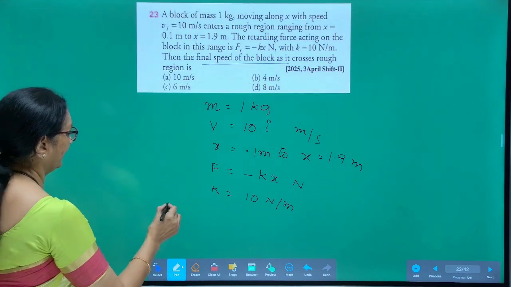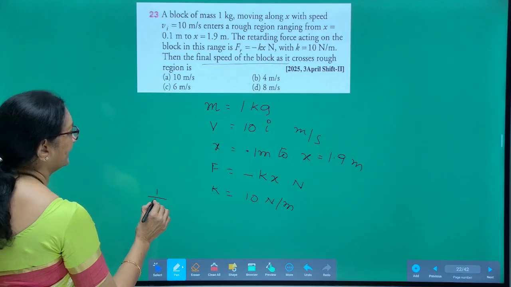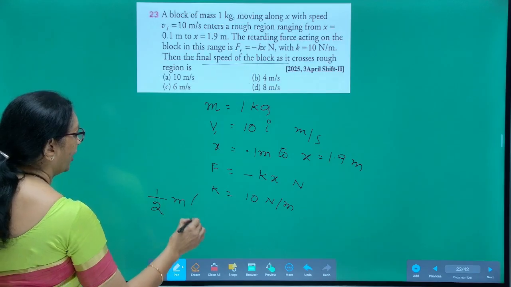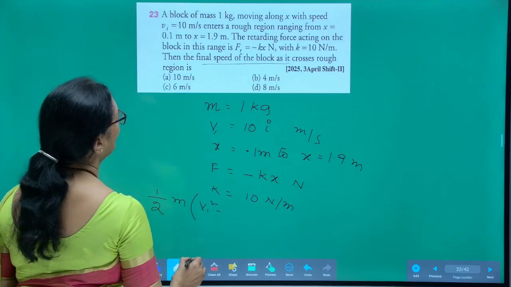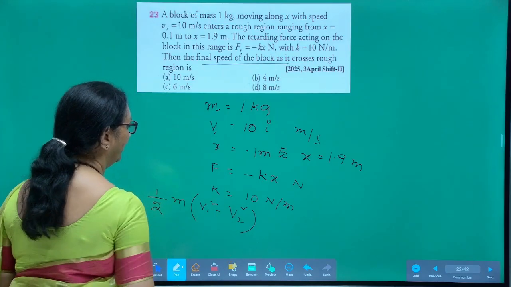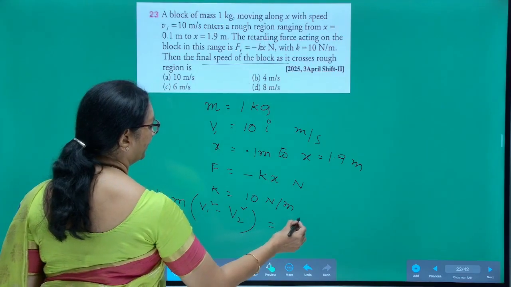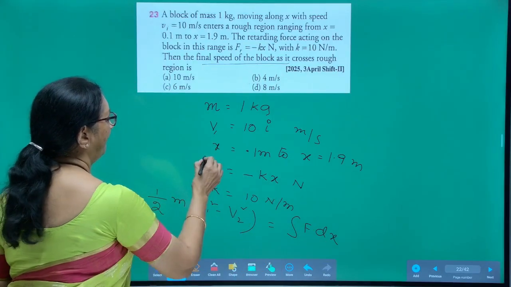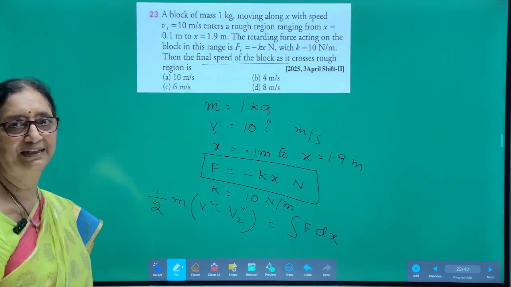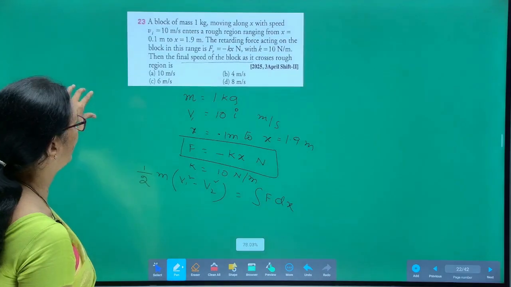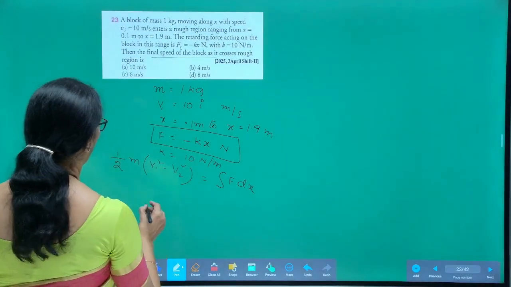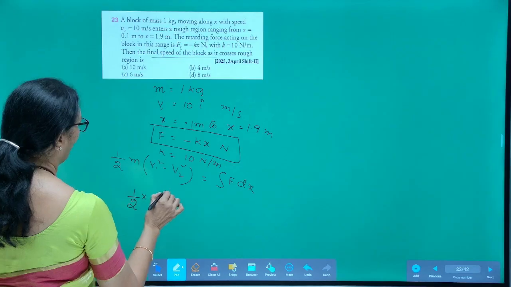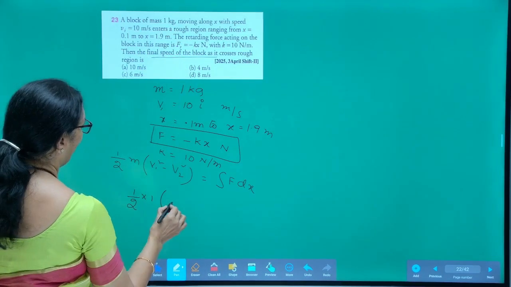Work done is the lost kinetic energy, that is, see here, lost kinetic energy is half m into (V1 square minus V2 square). Work done is integral f dx if f is a variable function of distance. Now look here from this. So, substituting, half mass is given as 1, V1 is given as 10.